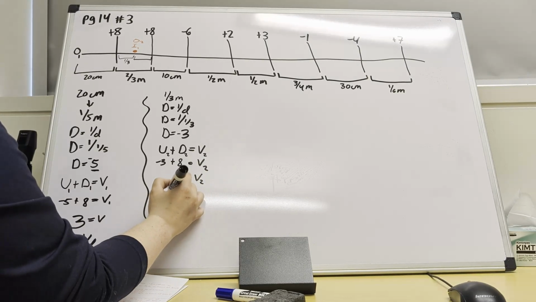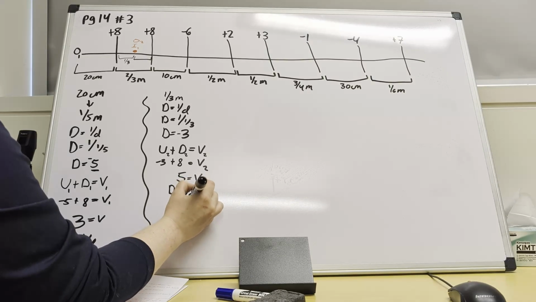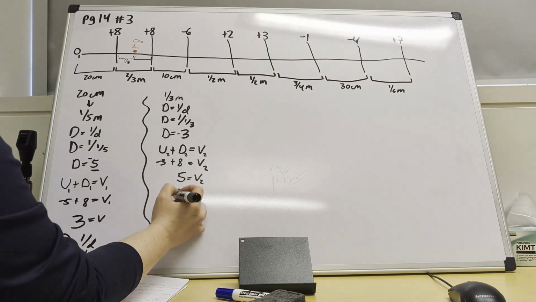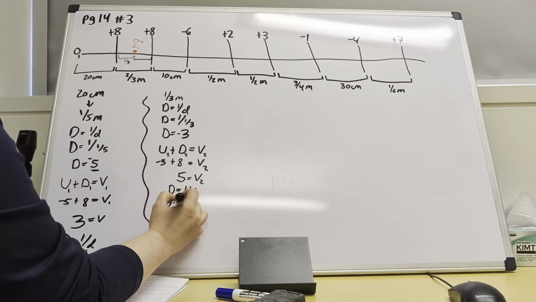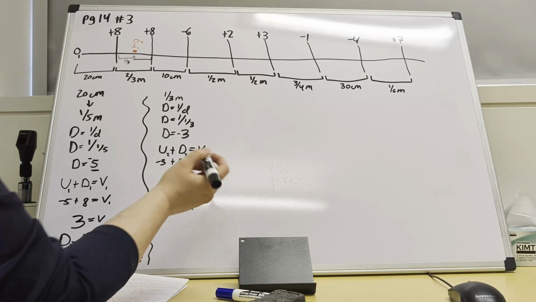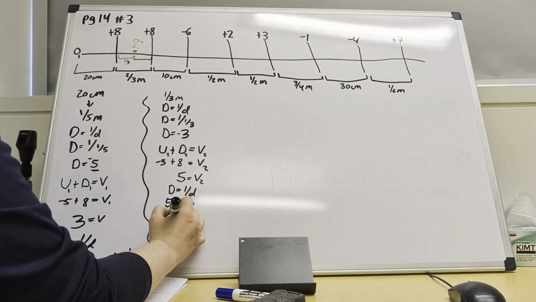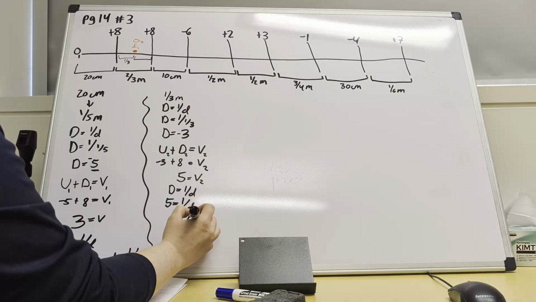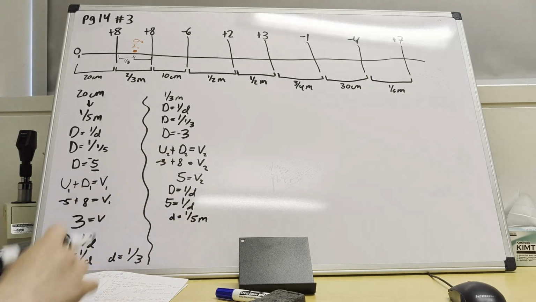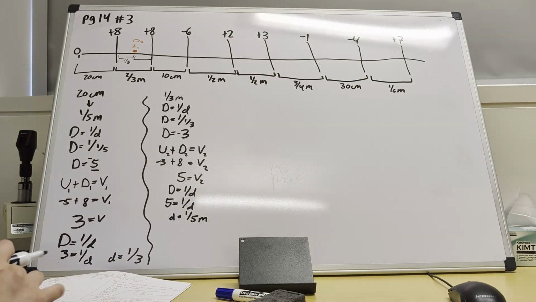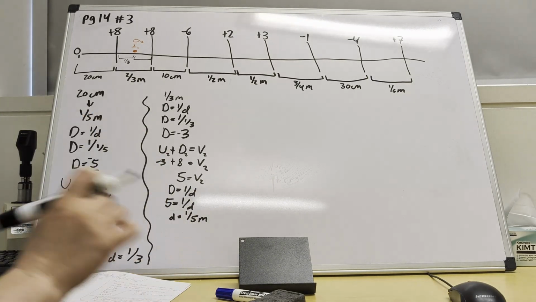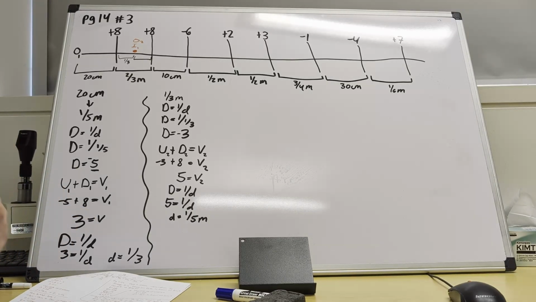We need to then plug this back into diopters equals 1 over distance. Our +5 equals 1 over little d. When we simplify this, it becomes little d equals 1/5 of a meter. It is positive, so that is signifying that it is behind lens 2, or about 20 centimeters.